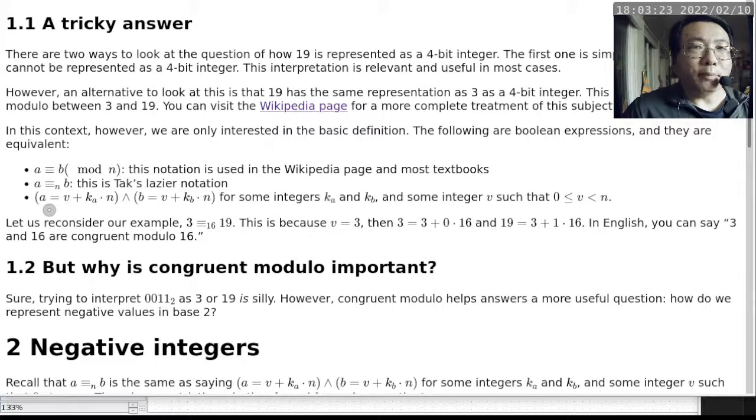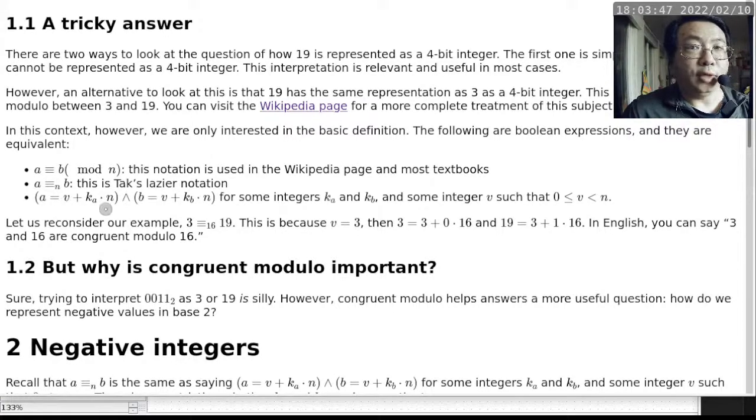Well, all that means is a can be expressed as some kind of integer value v plus ka, which is a coefficient times n, and b can also be expressed by the same v plus kb, which can be a different coefficient times n. So the key here is we have the same v on both sides.